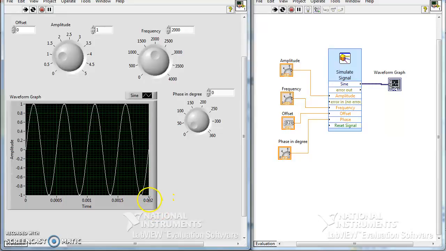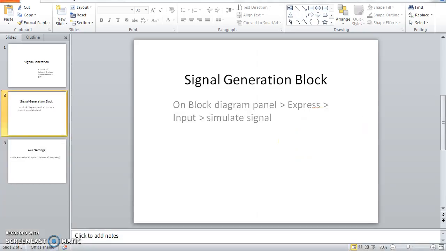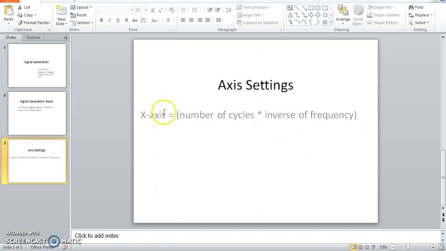So you will have to adjust the x-axis, that is the time parameter, according to the frequency that is specified. To give the x-axis parameters, the number of cycles you wish to see on the scope is multiplied by the inverse of the frequency.